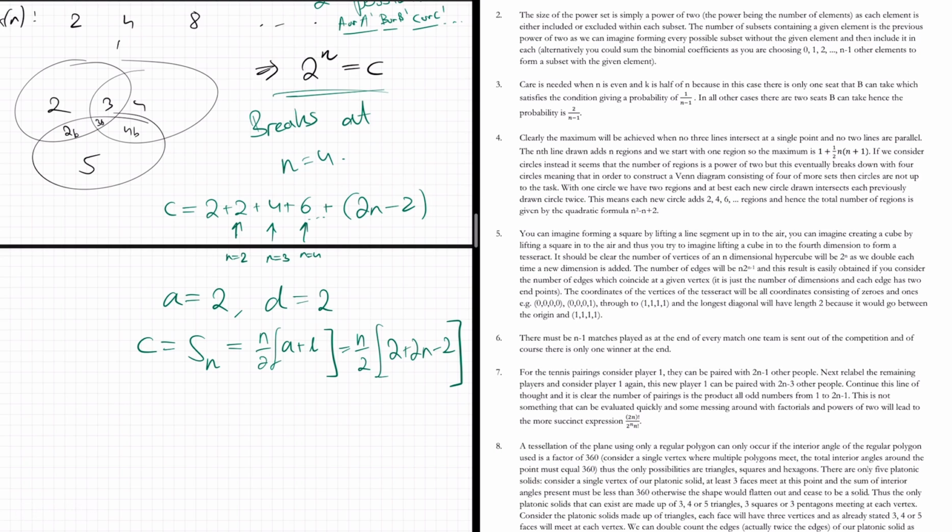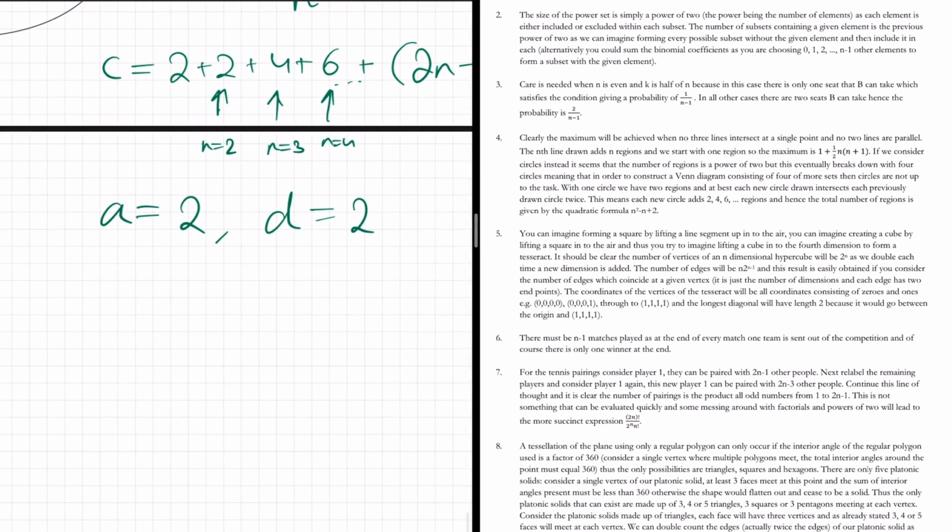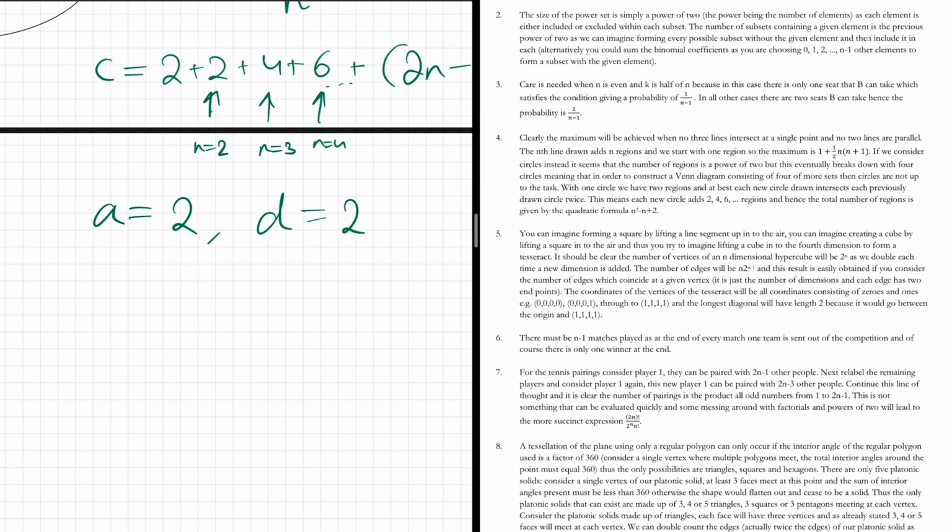Oh, this is an arithmetic sequence. Wait. Oh, we have to add the 2 at the front. Only this bit is an arithmetic sequence. Okay, but then we'd have to use n minus 1. So I suppose an easier way of thinking about it would just be to factor out the 2.